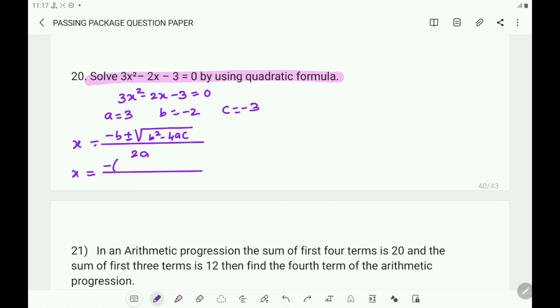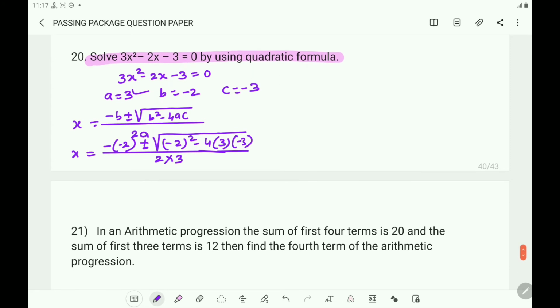So write that in the bracket as it is having negative sign. Plus or minus square root of b square. B square means again minus 2 whole square. Minus 4 into a is 3, into minus 3. Then 2 into a, that is 3.